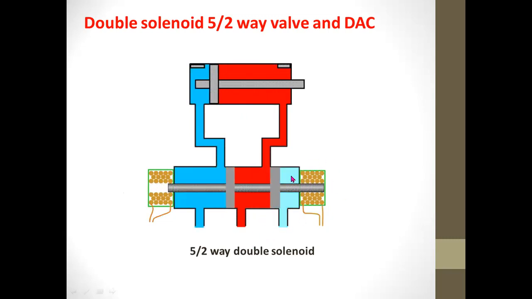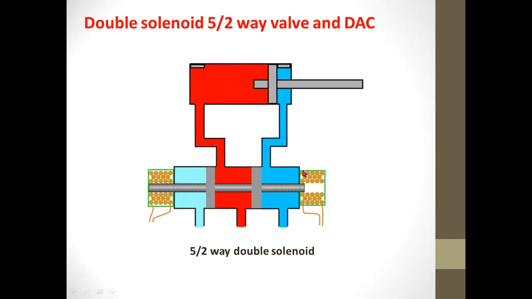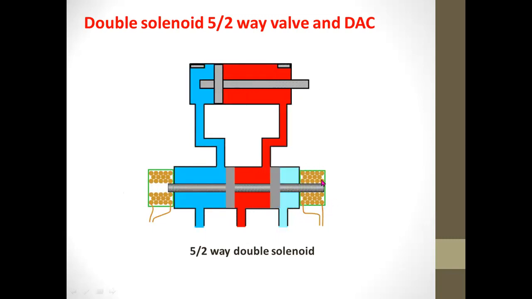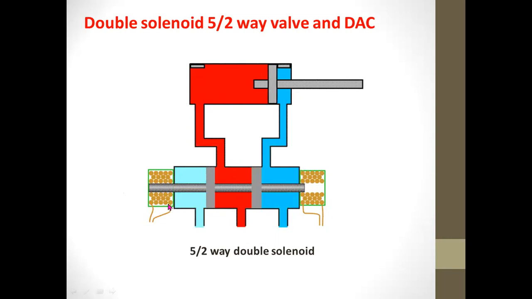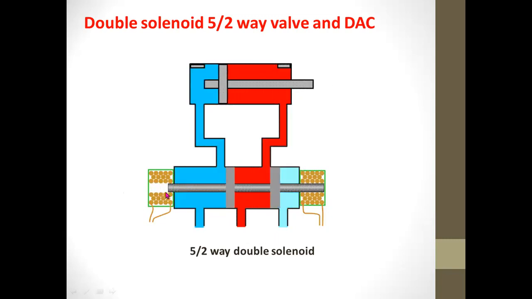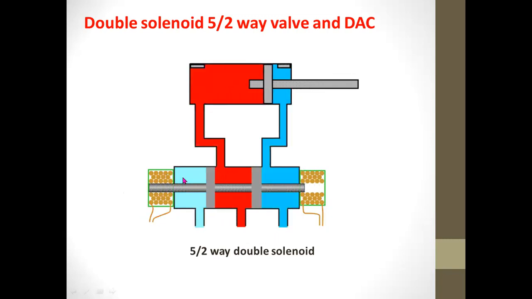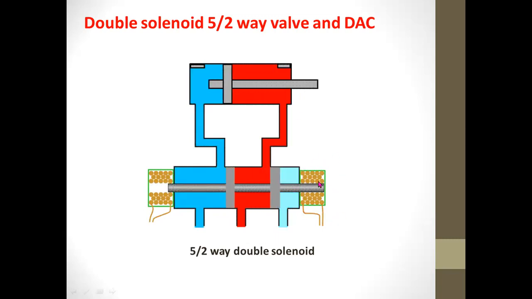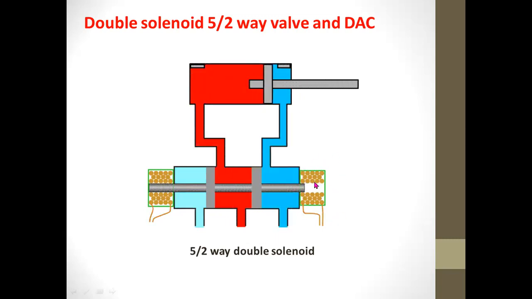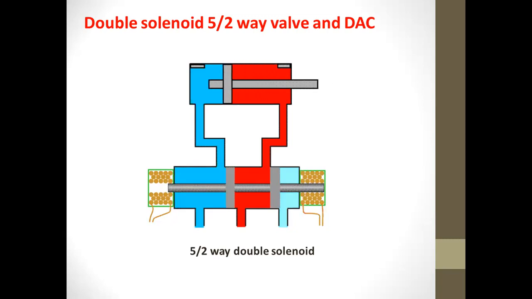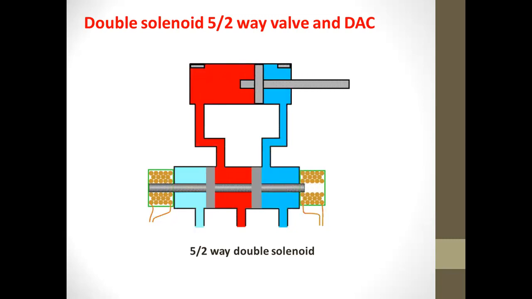The only way for the plunger to return is to energize the other coil. That means one of the coils is for the extension of the cylinder, and the other coil is, of course, for the opposite operation, which is the retraction.